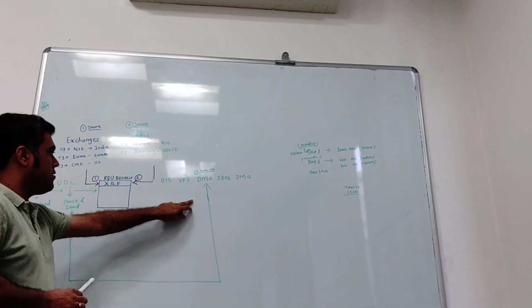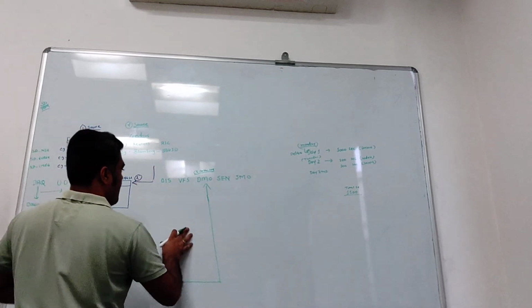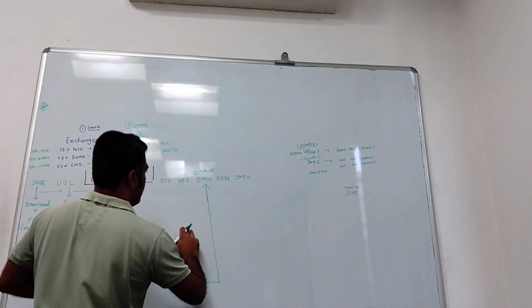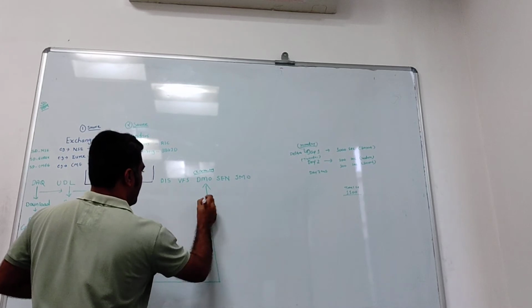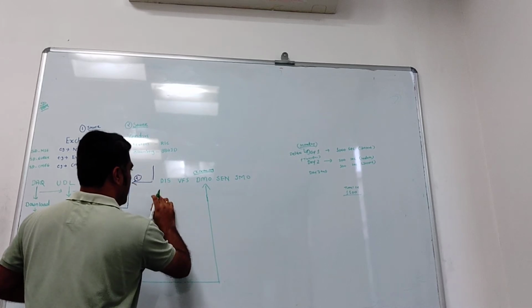So basically from DMO, distribution looks at the table.